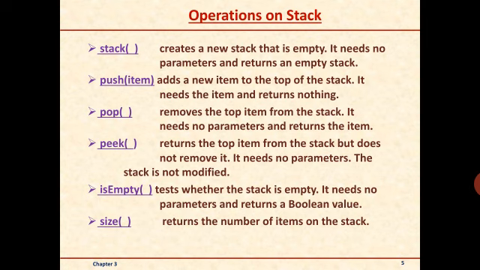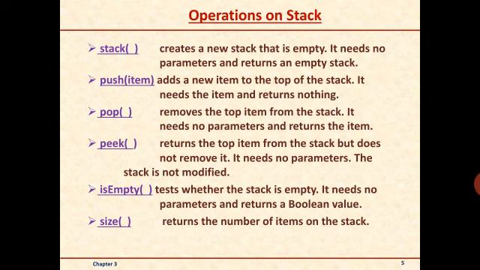So the first operation or a function is stack. It creates a new stack which is empty and it doesn't require any items. Second operation is push. In the bracket item means it is used to add a new item. Where it will be added?